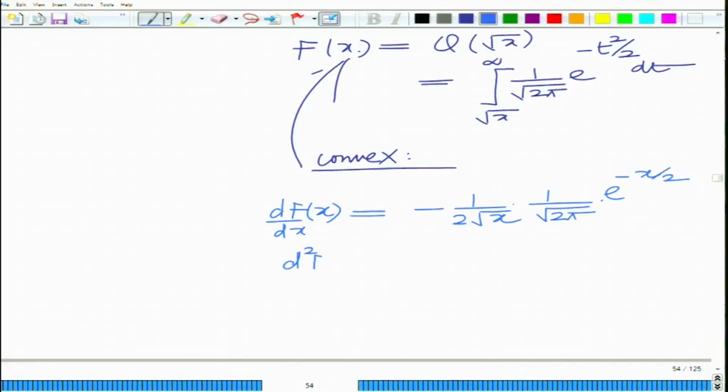And now d square f of x by dx square, that is simple to evaluate. First let us evaluate the derivative of 1 over square root of x.